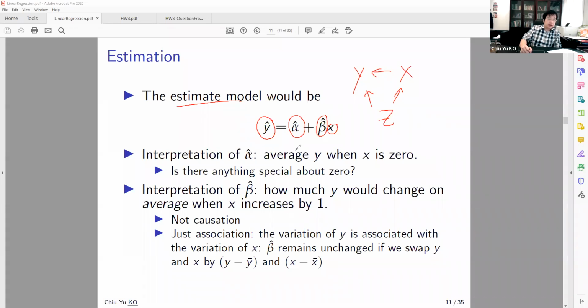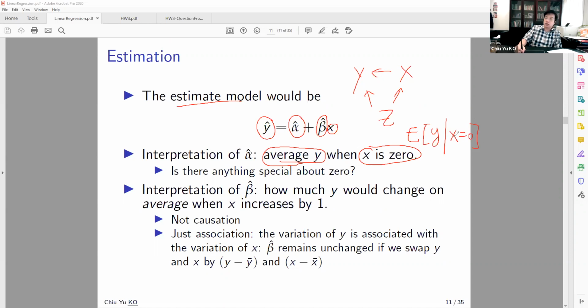So first, what is alpha hat? Alpha is the intercept. It's easy to say that it is the average value of Y where X is 0. Basically, it is the expected Y given X equal to 0.